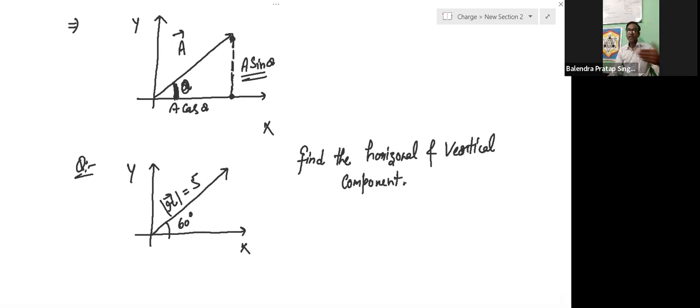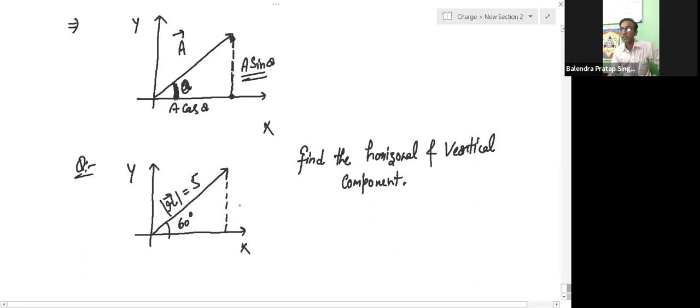Okay, now give me the answer. What will be its horizontal and vertical component? It has two components, one vertical and one horizontal. It's just similar to your above example, but here I consider some numbers. So try to solve it and give me the answer.